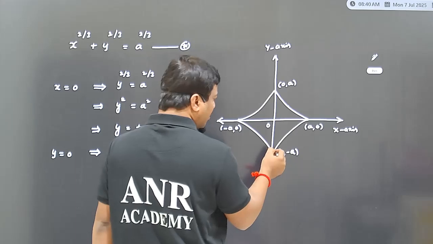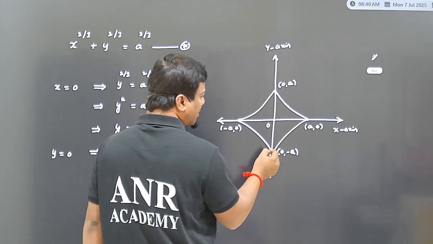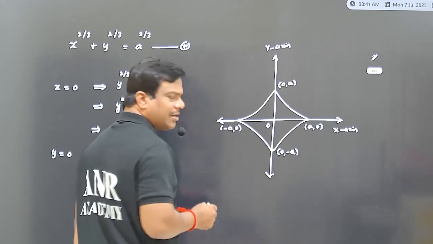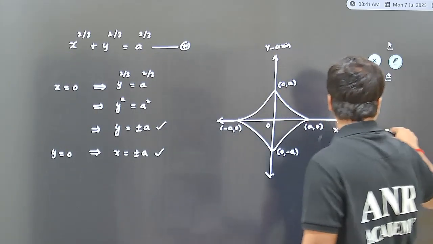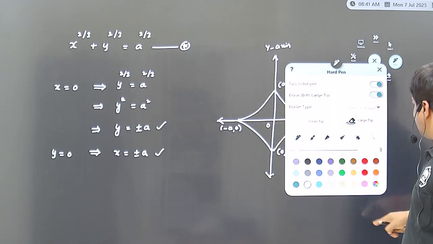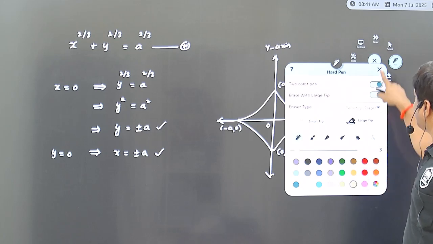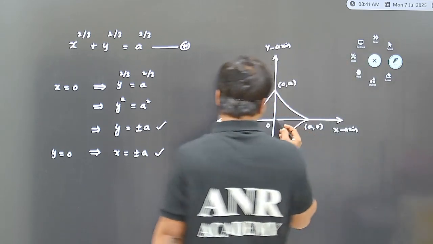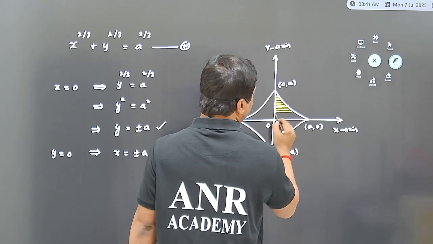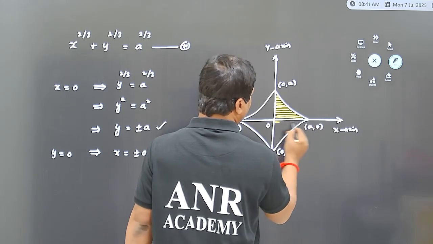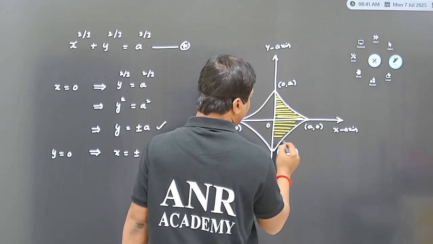Now you need to find the area covered by this curve. That is the required area. I am going to shade with different colors. This is the area in the first quadrant and this is the area in the fourth quadrant.